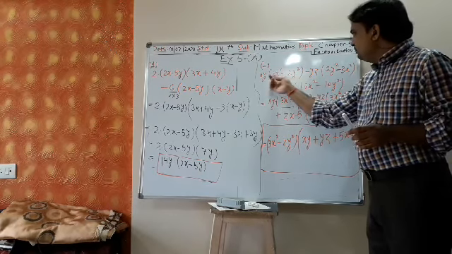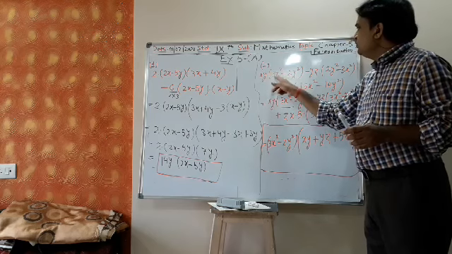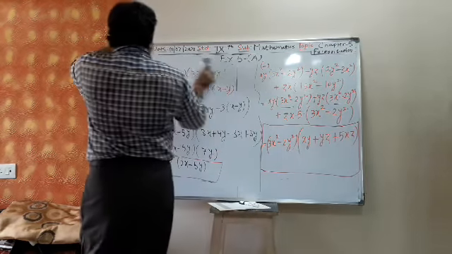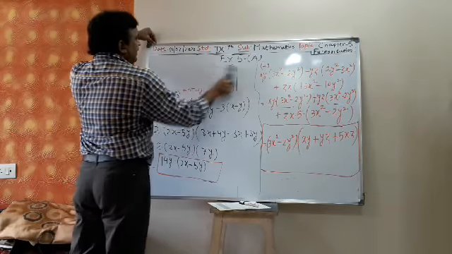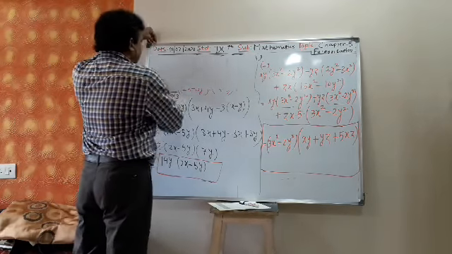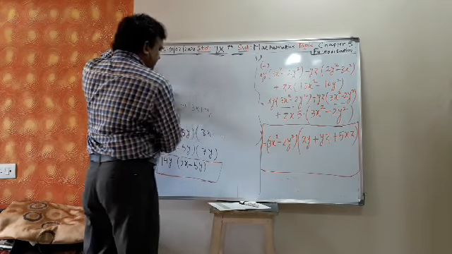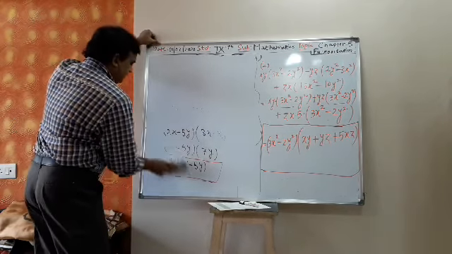You can write this with minus going outside, as 2y square minus 3x square. Yes, no problem. You can write it that way also. But the appropriate sign has to be taken.